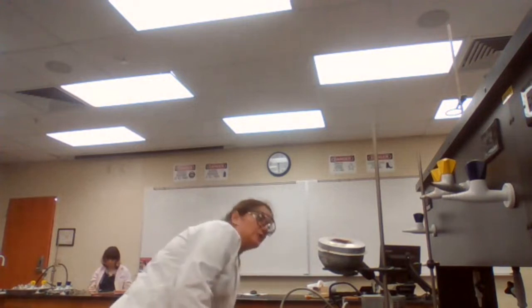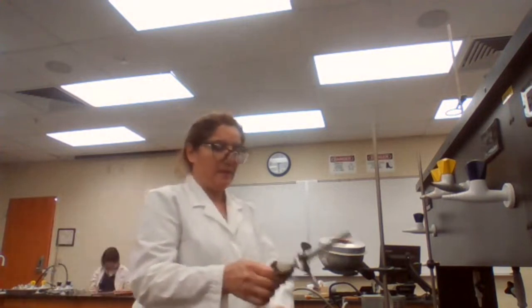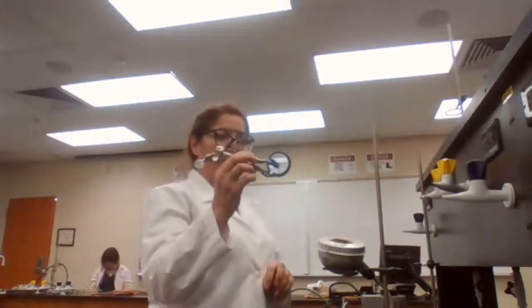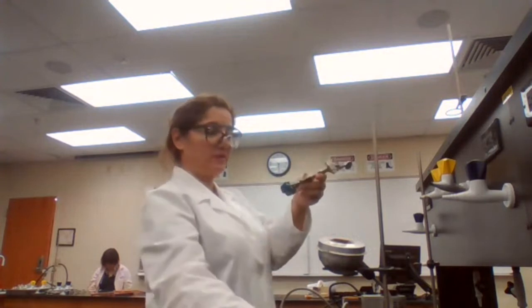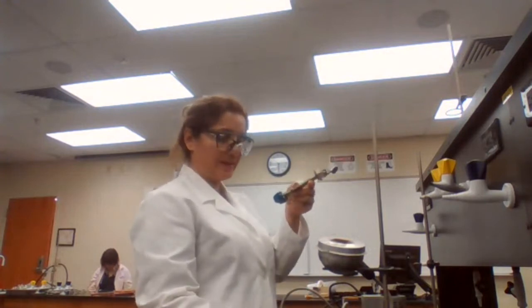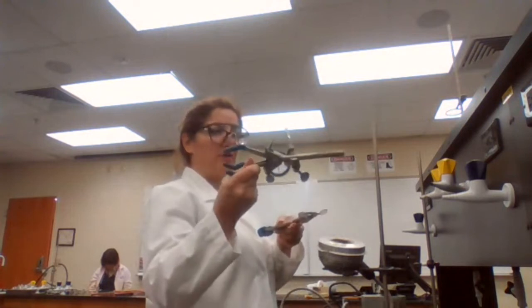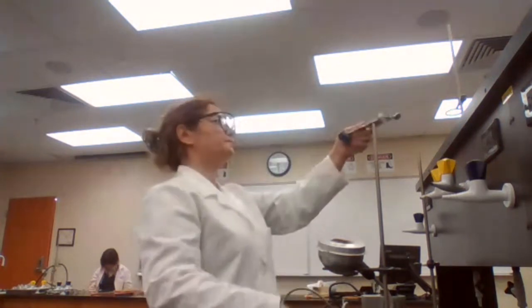The clamps that you are using: the utility clamp is used to hold the flask. So when you are assembling, you want to make sure you always use a utility clamp for the boiling flask. Use a 3-finger clamp to hold the condenser.